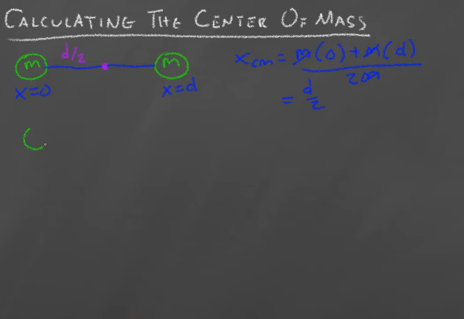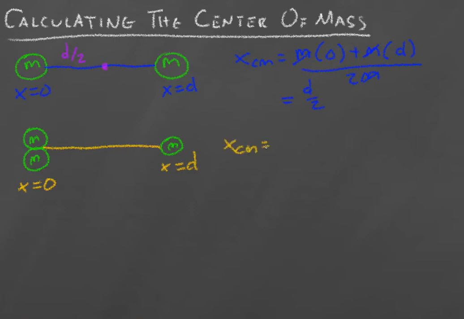Now let's look at a similar case. Now we're going to have two masses that we stack on top of each other, and a third mass off to the side. So once again, we'll put the two particles at x is 0, the third particle at x is d.